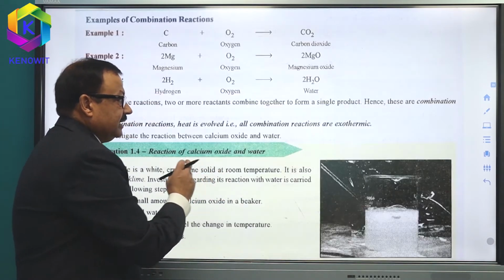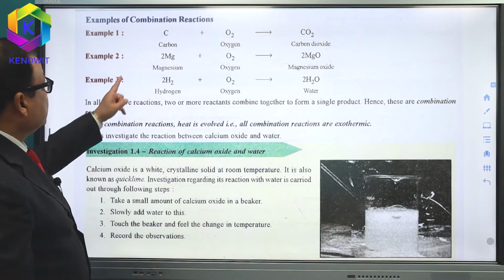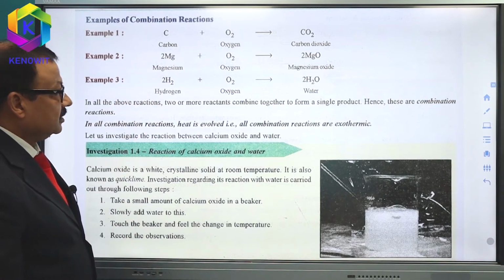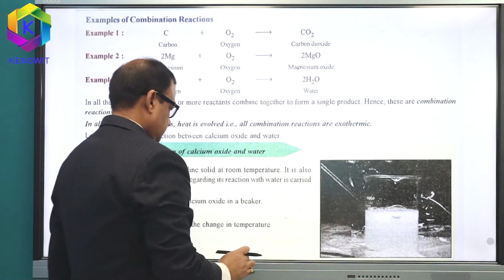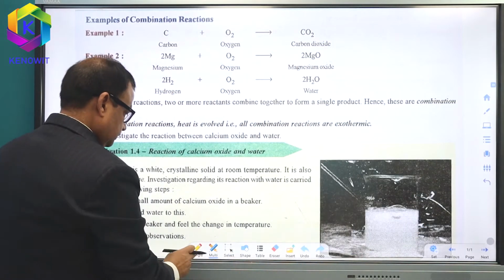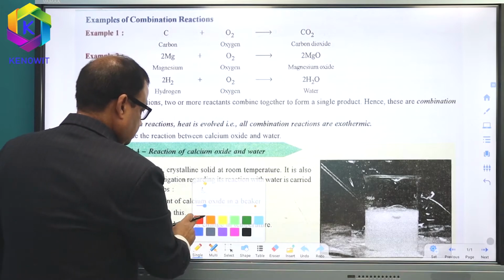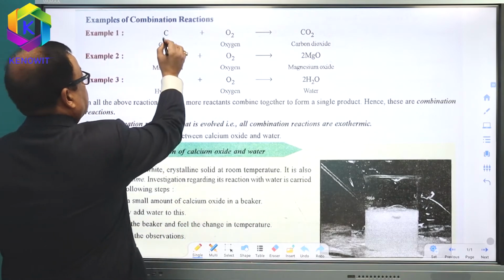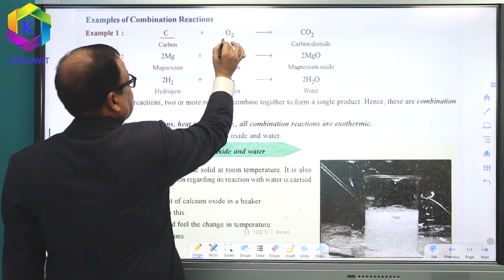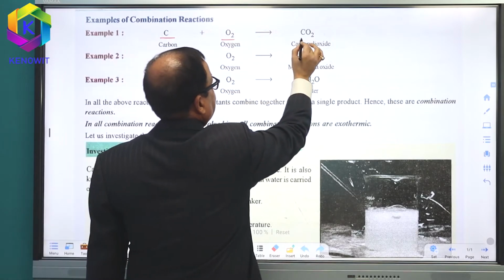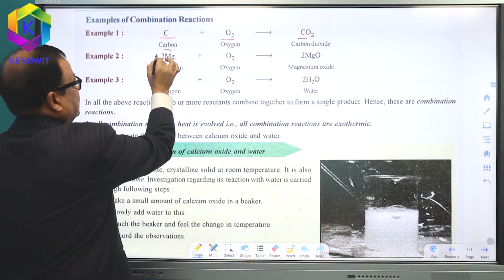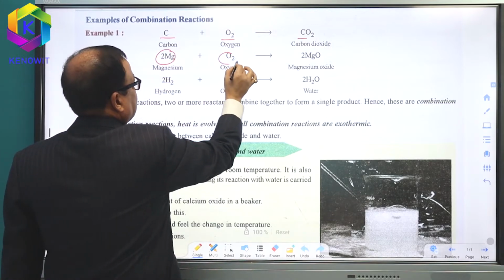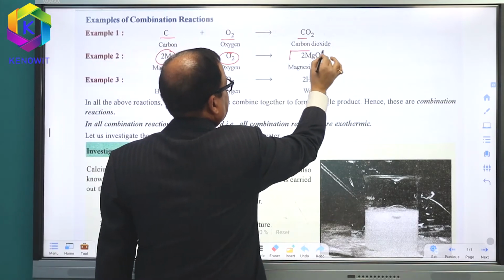In combination reactions, for example, carbon plus oxygen: in this reaction, carbon combines with oxygen and gives carbon dioxide, a single product. Similarly, magnesium combines with oxygen and gives a single product, magnesium oxide.